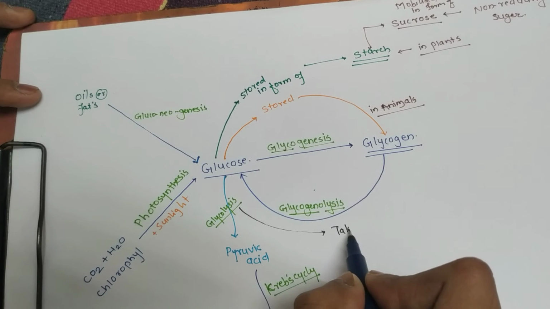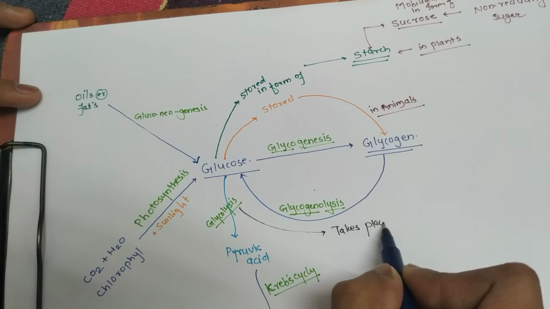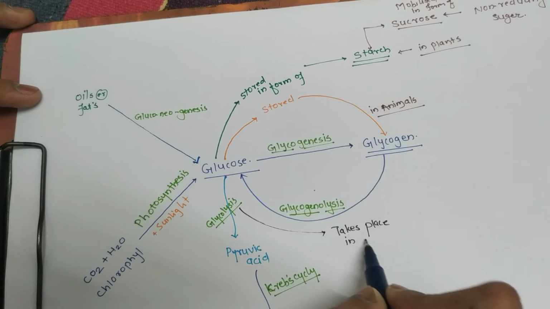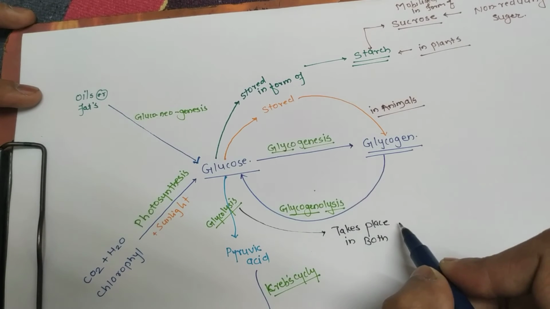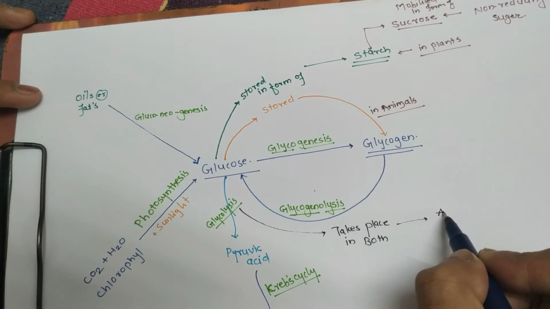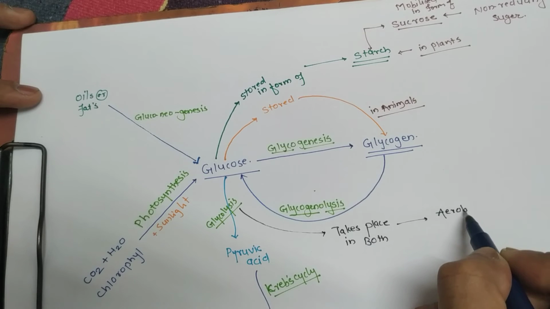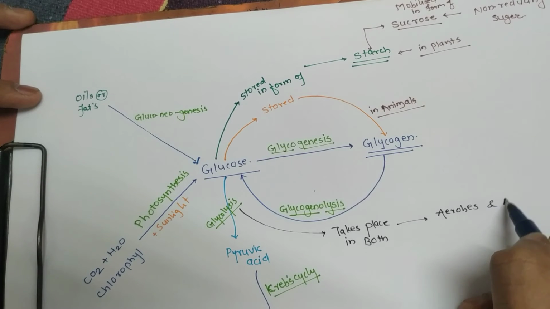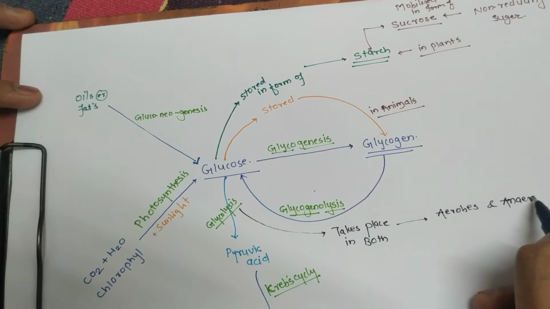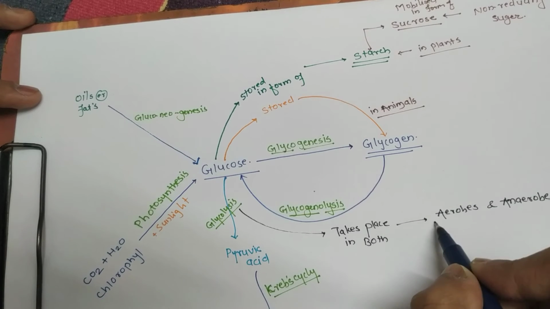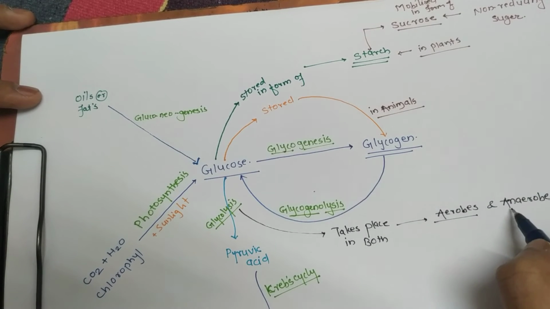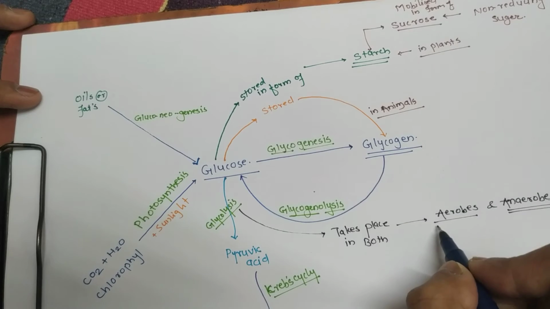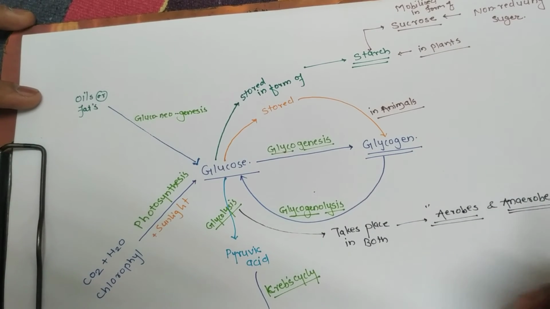Okay, great. Now there is one common point: glycolysis takes place in both aerobes and anaerobes. Aerobes are those which require oxygen for their metabolism, and anaerobes are the ones which don't require oxygen for their metabolism.